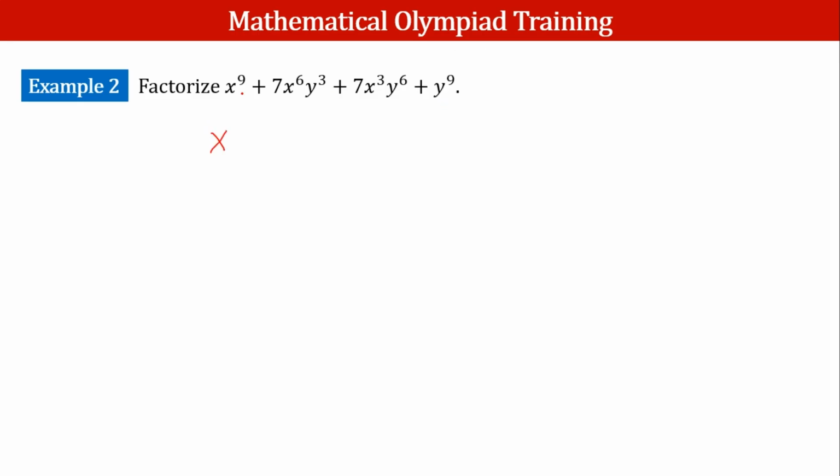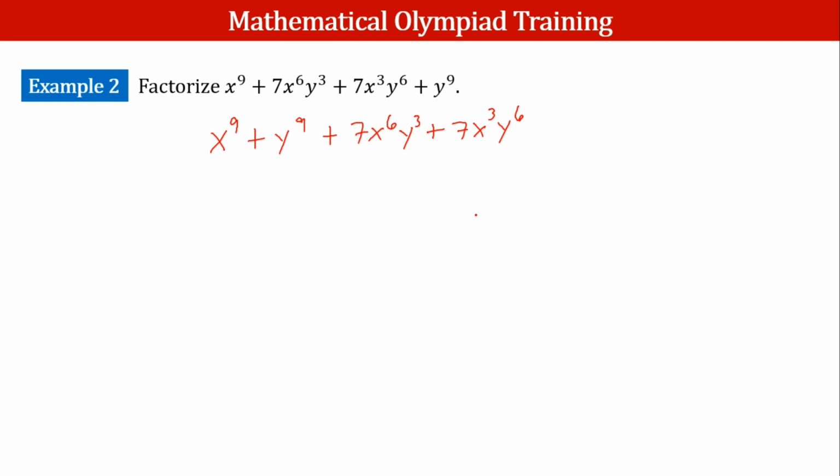So we have x raised to 9 plus y raised to 9 plus 7x raised to 6 y cubed plus 7x cubed y raised to 6. Notice also that we can factor out 7x cubed y cubed in the last two terms.